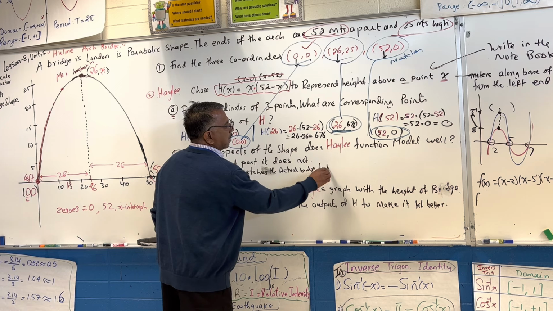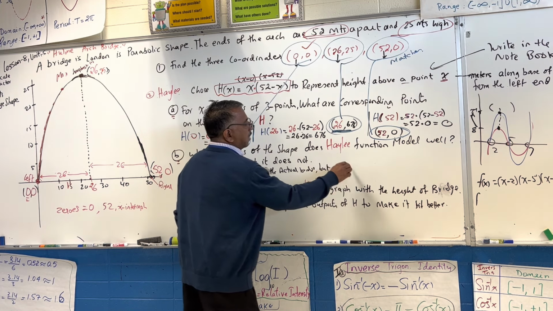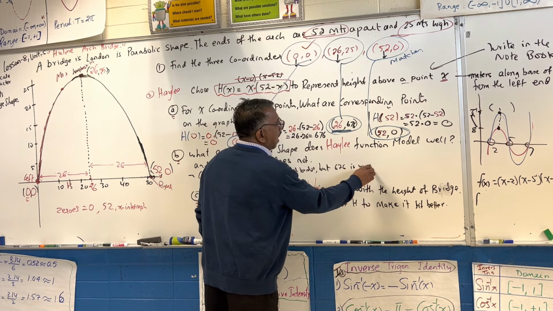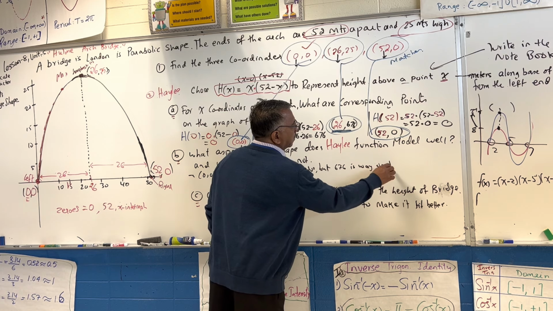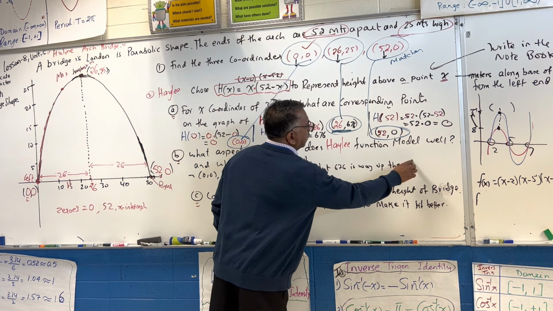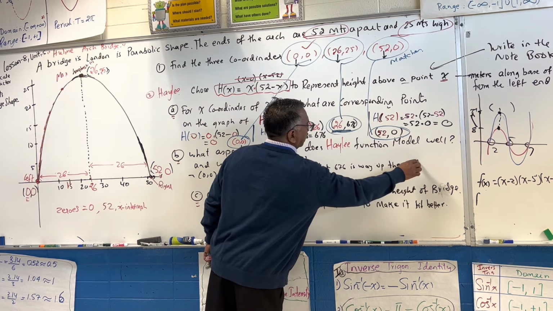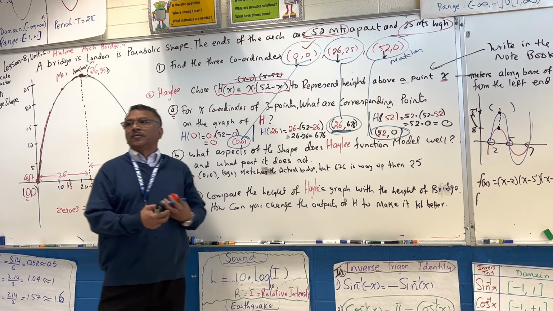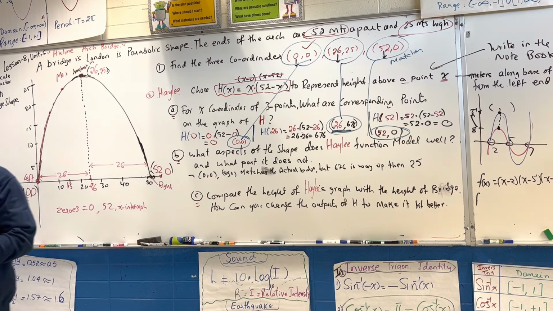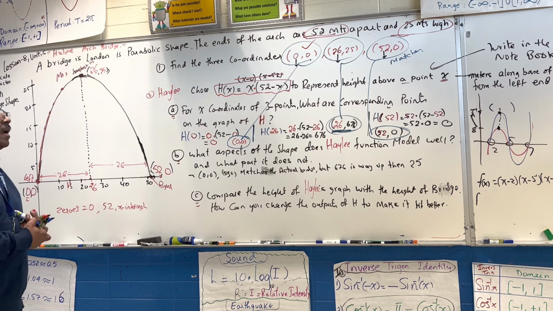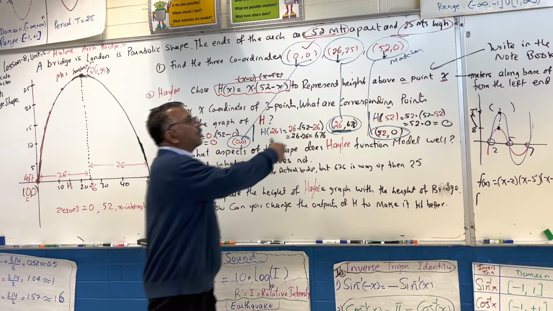But 676 is way higher than 26, than 25. The actual height of the bridge is 25, but Haley's height is 676, and 676 is too high.